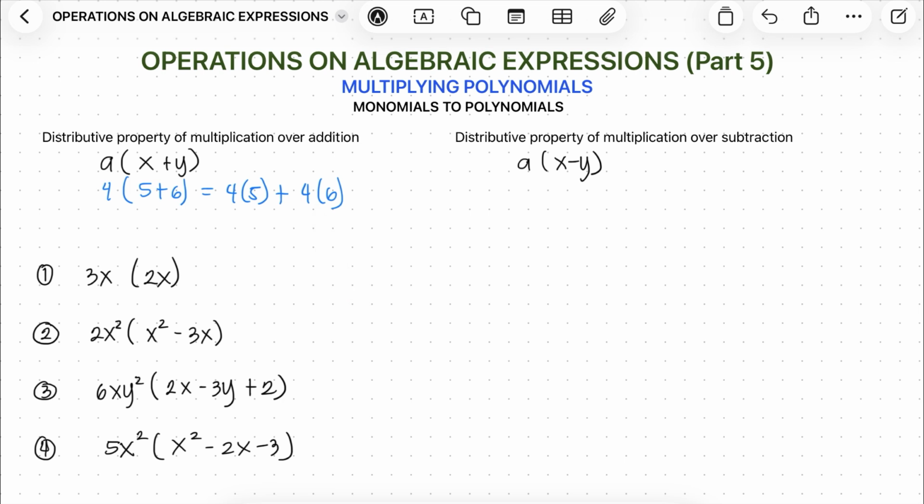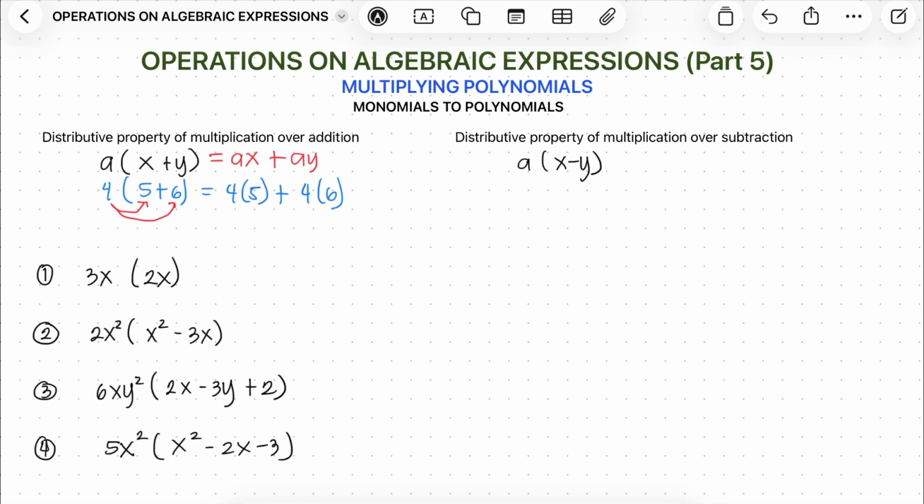So what happened right there is I just distributed 4 to both terms. So 4 times 5 first and then 4 times 6. So 4 times the quantity 5 plus 6 is just the same as saying 4 times 5 plus 4 times 6. The same goes here: a times x is ax, plus a times y is ay.